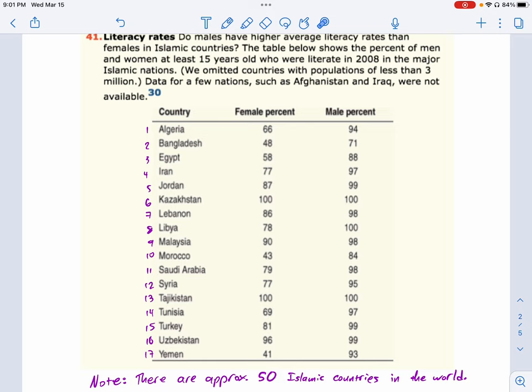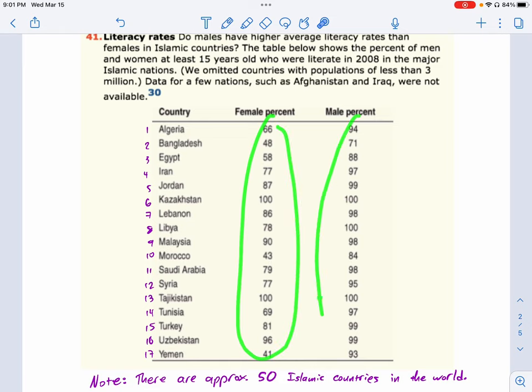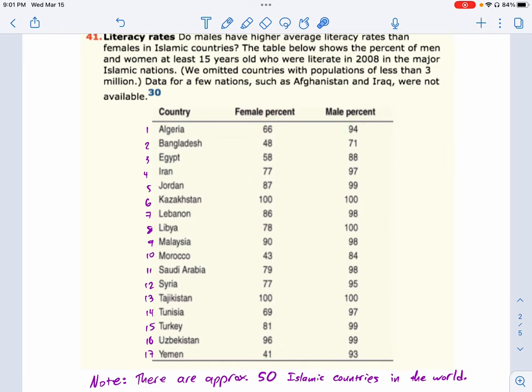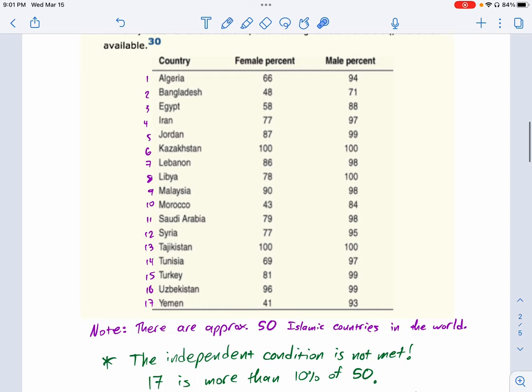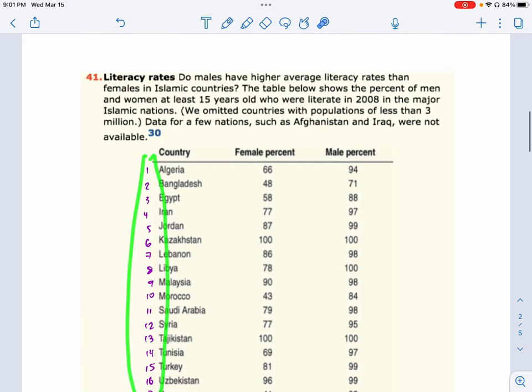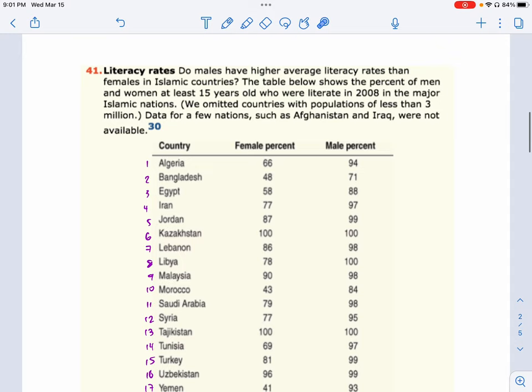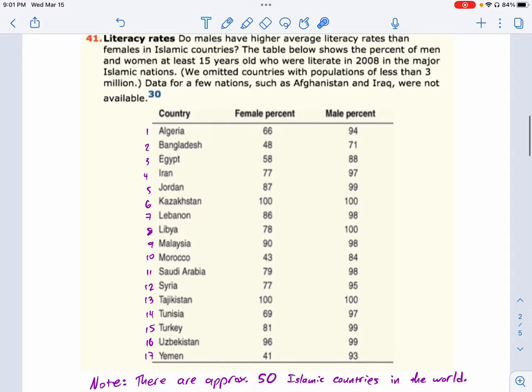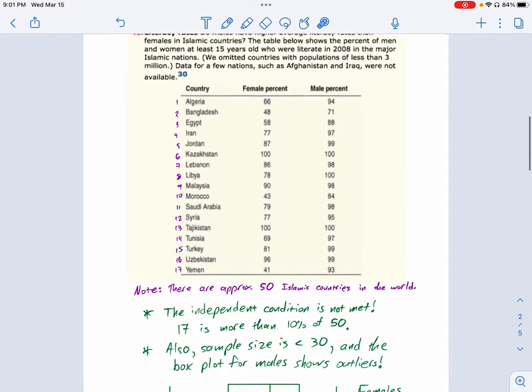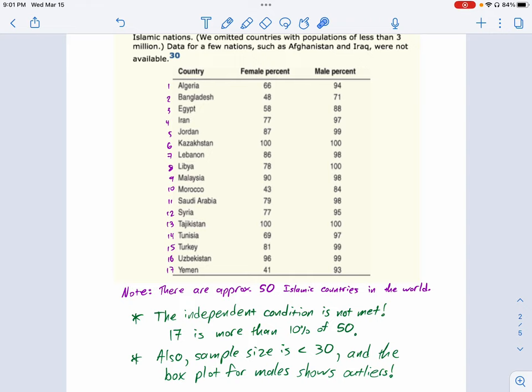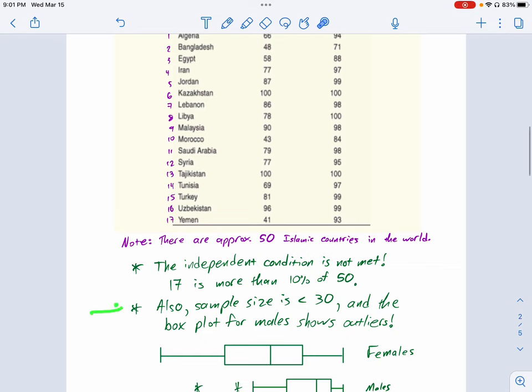It shows you the percentage in those countries of literacy broken down by males versus females. I counted it up. There are 17 countries. And that's too small, right? That's not 30.